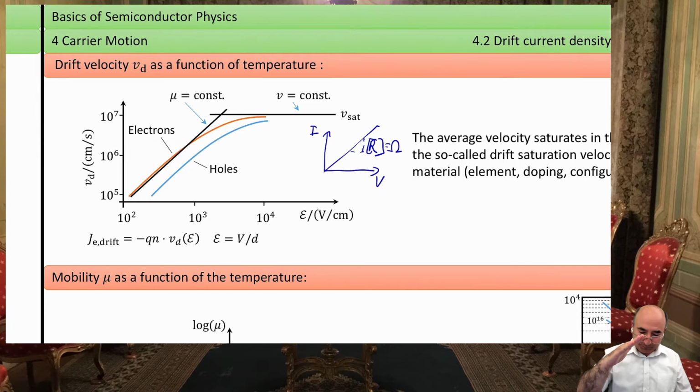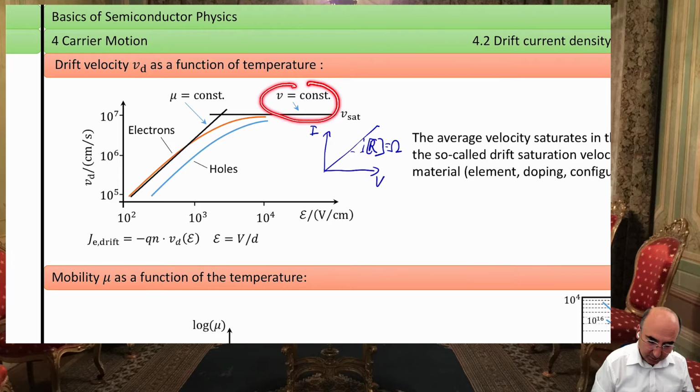The constant slope means the resistance is constant. But in reality, in the silicon, if I further increase the voltage, the current doesn't increase anymore. This is the area of constant velocity.